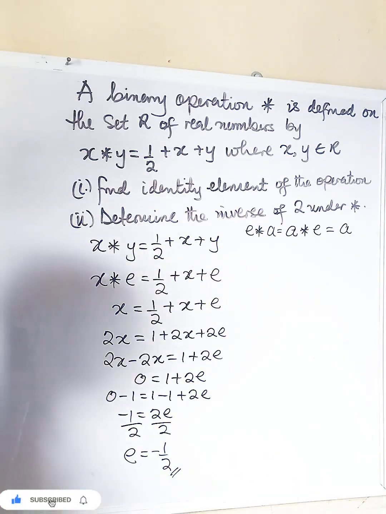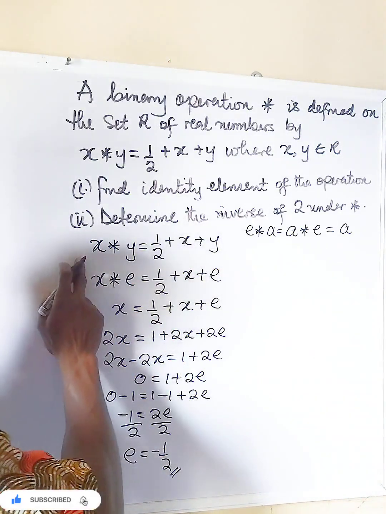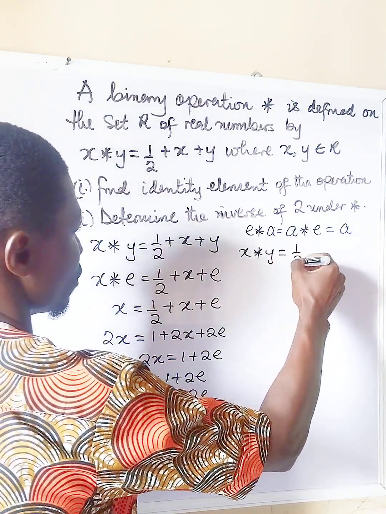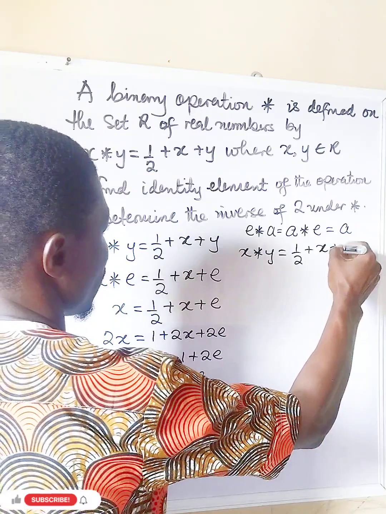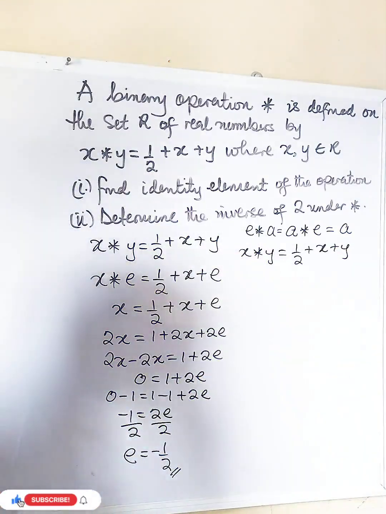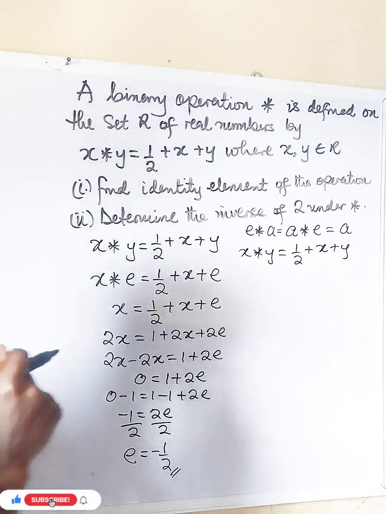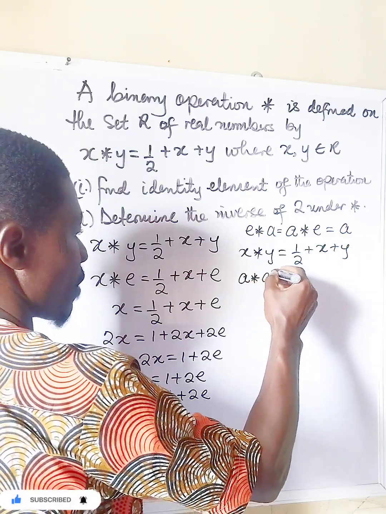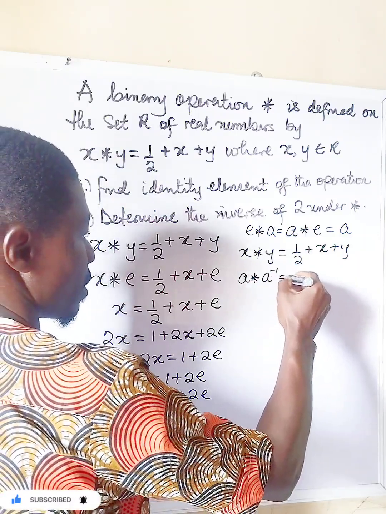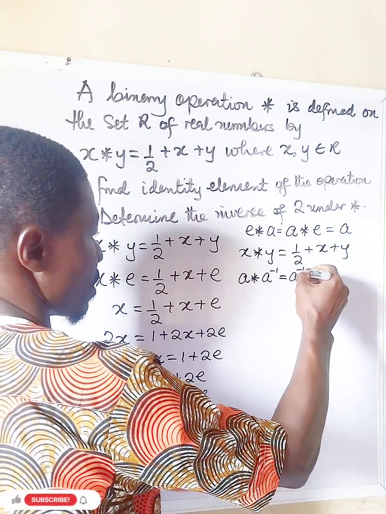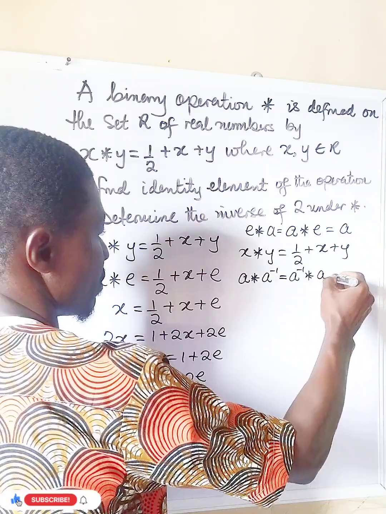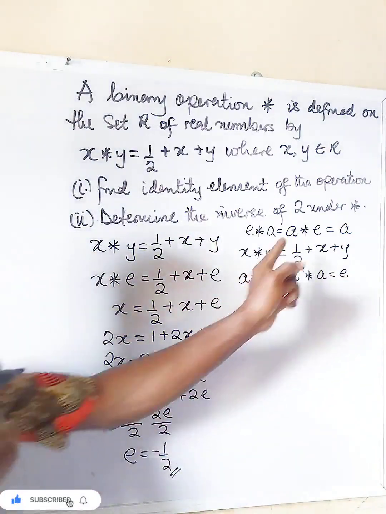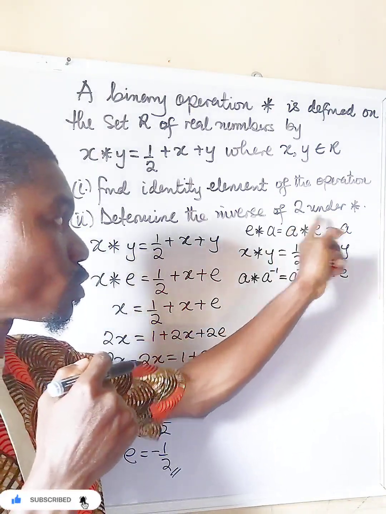So to this end, what we need to do here, take note, this is x * y, which will give us 1 over 2 plus x plus y. Okay, now for the inverse, this is the rule. If you have a * a inverse, which is the inverse operator upon the element, it gives you the identity element. Now we are told to determine the inverse of 2 under the operation.